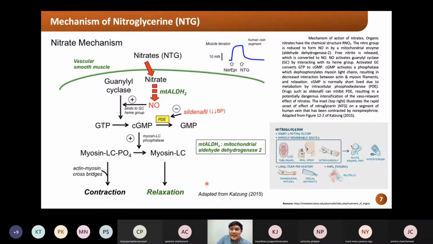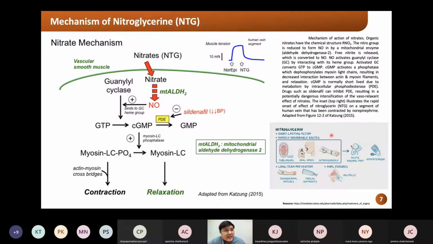In the picture on the right corner, you will see the routes by which NTG is given to patients. The action of NTG is very short-lasting, and it is rapidly absorbed.